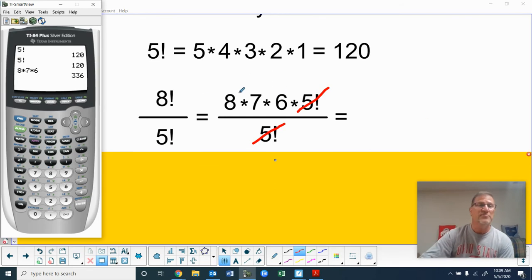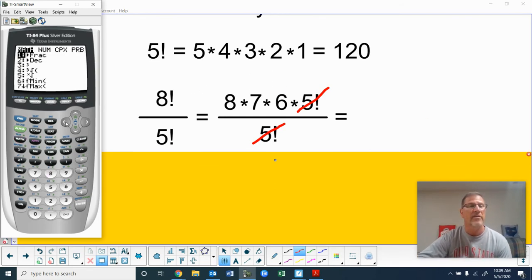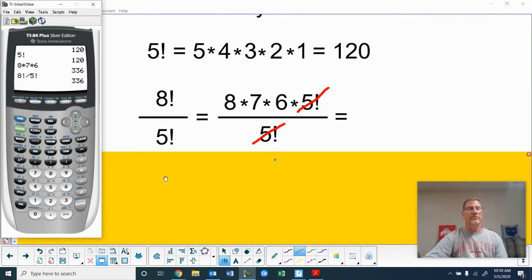Or you could just put that in your calculator. We could just do 8, math, probability 4, divided by 5, math, probability 4, and we'll get 336.